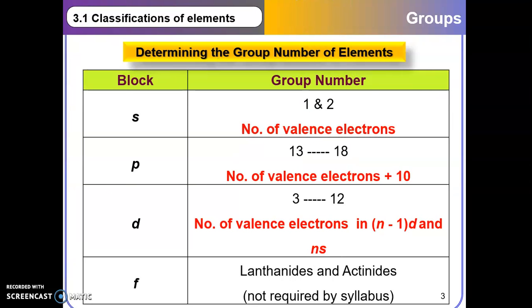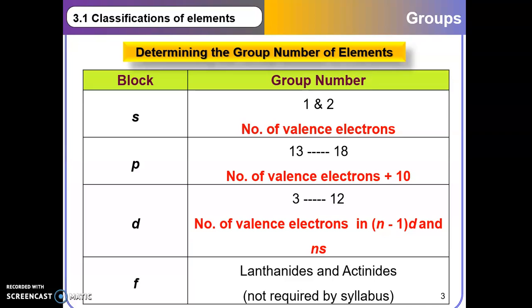Next, we need to know how to determine the group number of an element. Remind ourselves, before we can determine the group number, we have to know the block of the element first, because there are different methods of determining the group number.